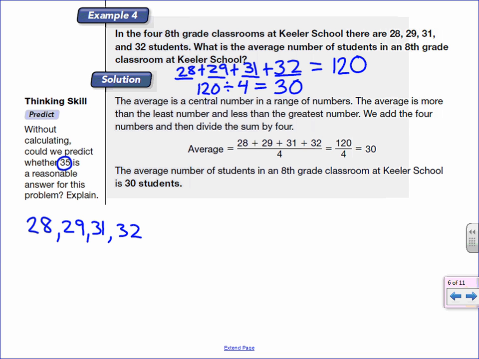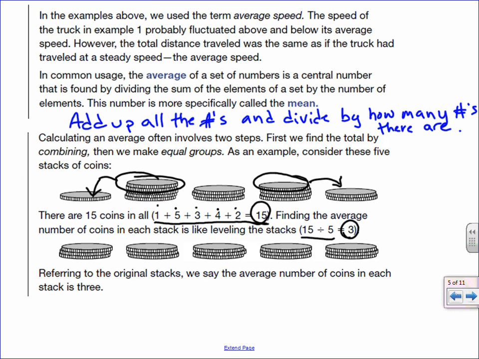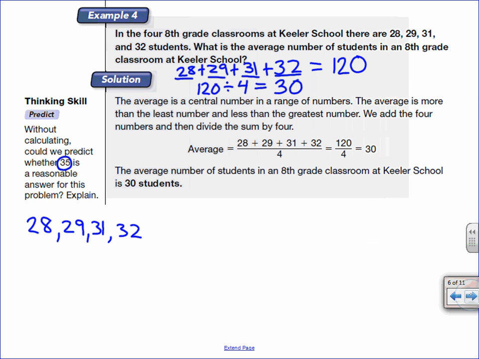And the mean, if you go back a page and look at the definition, is a central number of a set of numbers. Central number means it's in the middle of the numbers. So if I go forward, is 35 in the middle of 28, 29, 31, and 32?